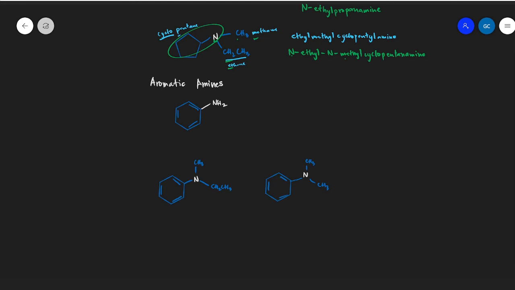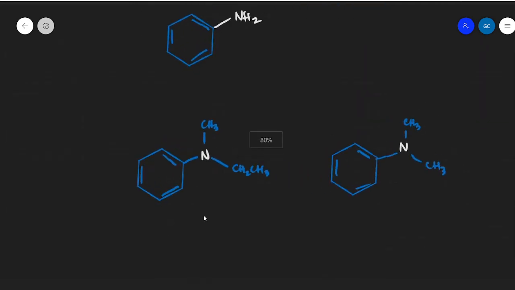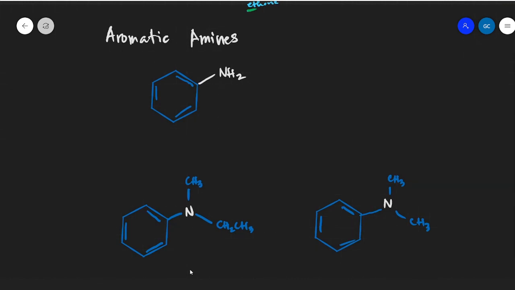So, aromatic amines are simply amines where our ammonia is attached to our aromatic rings. If you remember, aromatic rings are just benzene rings. We have here 6 carbon atoms with alternating double bonds.